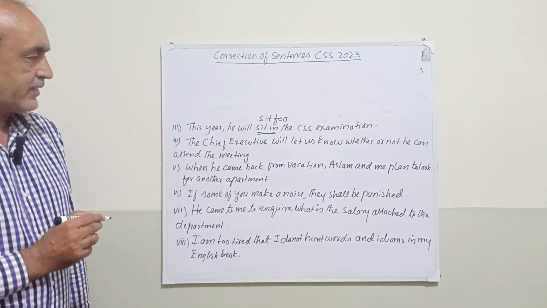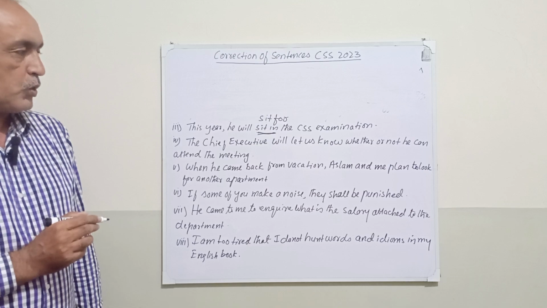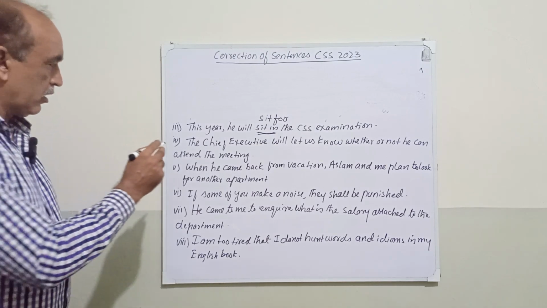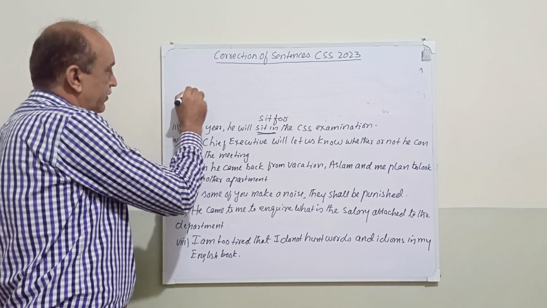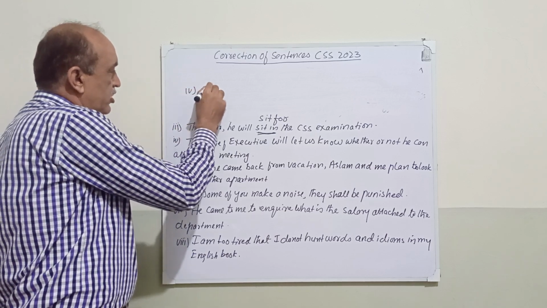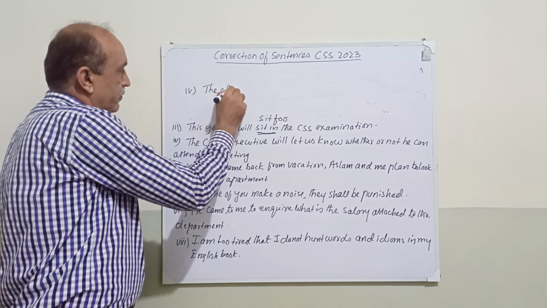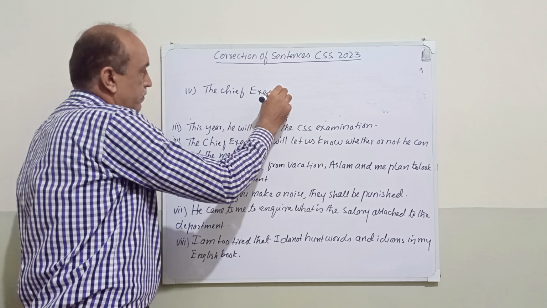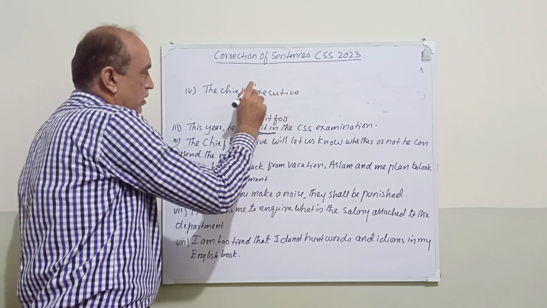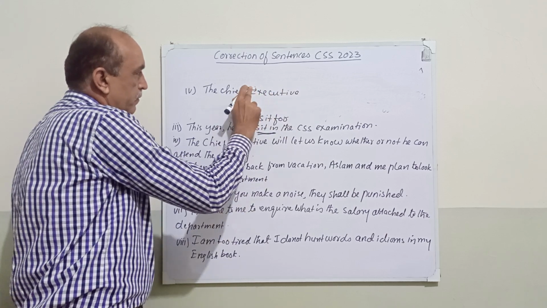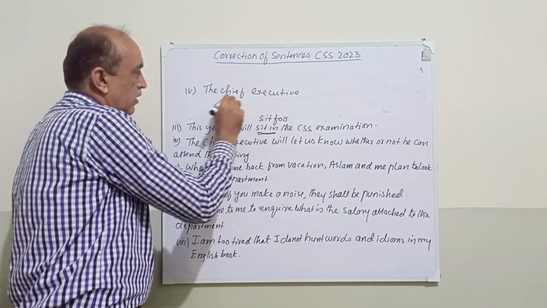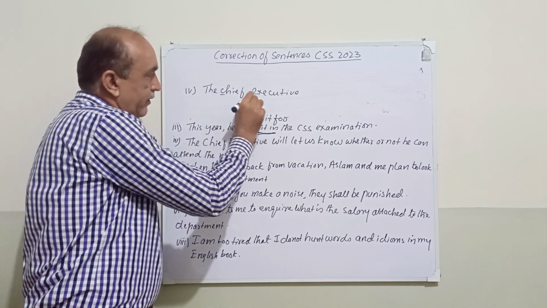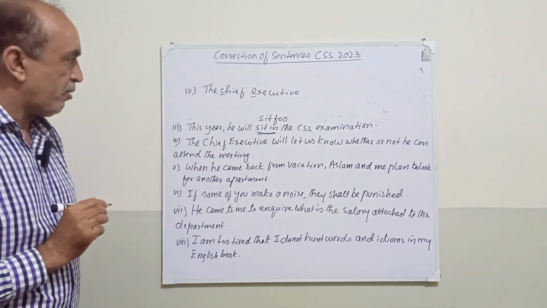Now the next sentence, the fourth one: the chief executive will let us know whether or not he can attend the meeting. How do we make it correct? The chief executive, the C will be in small letter and the E will also be in small letter.